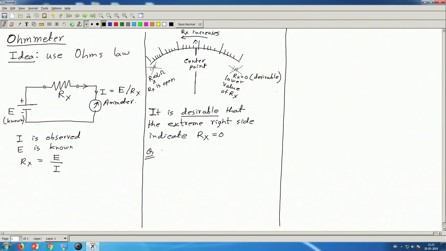The question is, for what value of Rx the pointer or the indicator will be at the center of the scale.